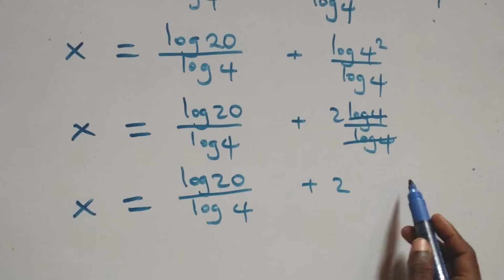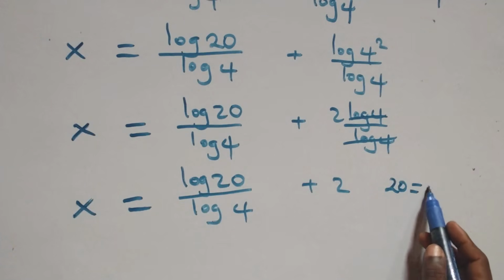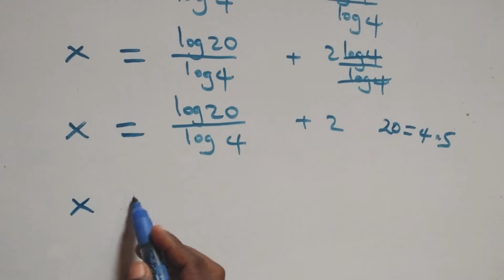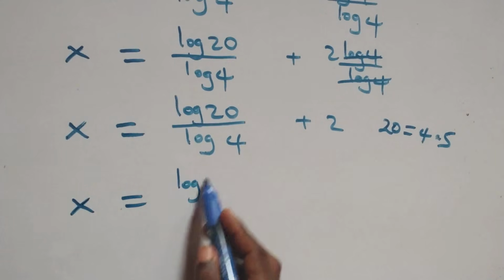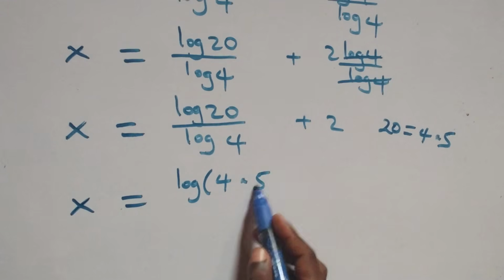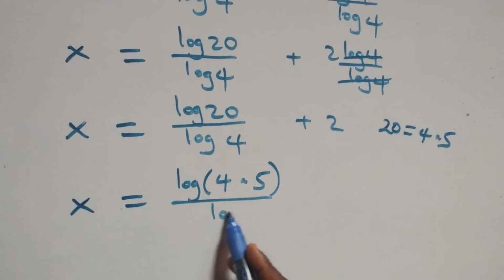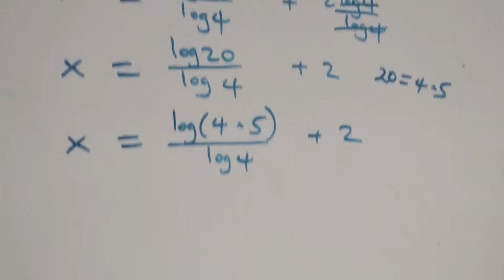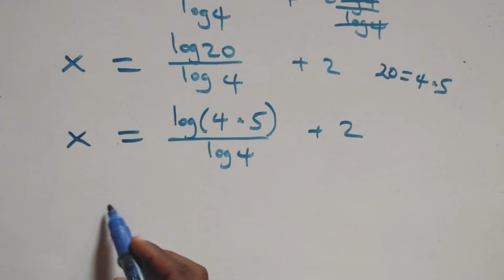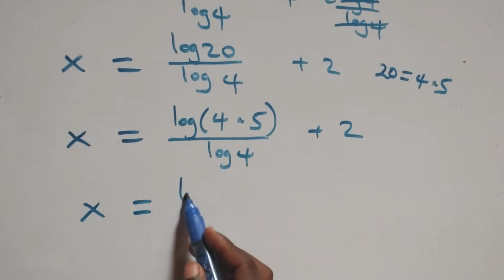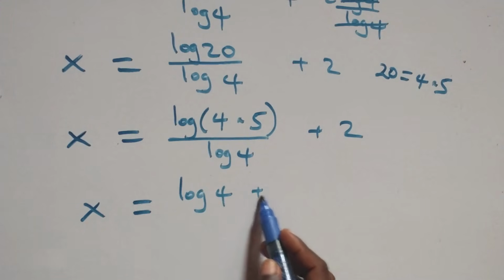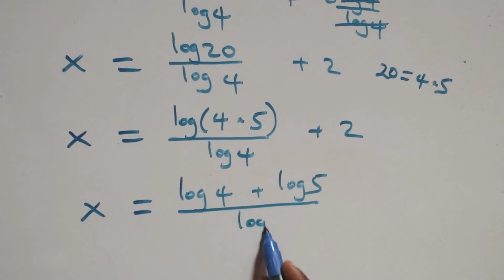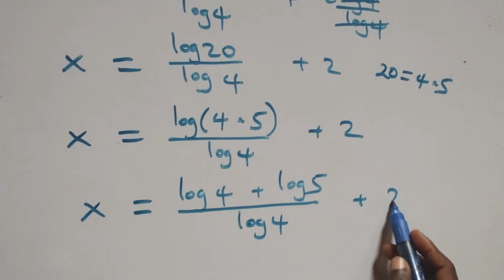plus 2. And also here, 20 can be written as 4 times 5. Then here, what we have becomes x equals log 4 times 5 over log 4 plus 2. Then this also follows the law of logarithm, and we have x equals log 4 plus log 5 over log 4 plus 2.